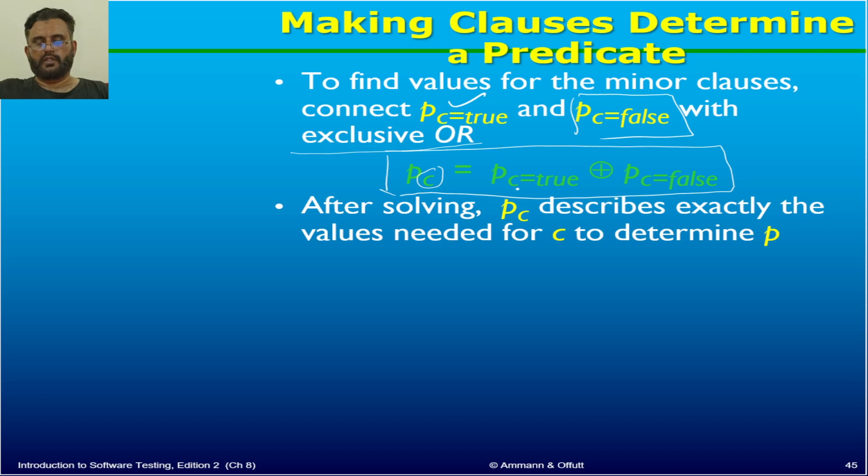So in one version of the predicate we replace all occurrences of C with true, and in the second version we replace all occurrences of C with false, and then we compute the exclusive OR of both these, and whatever values we get will be the values of the minor classes which will make C determine the predicate. After solving P_C, that describes exactly the values needed for C to determine the predicate, which means how we can make C active in this predicate.